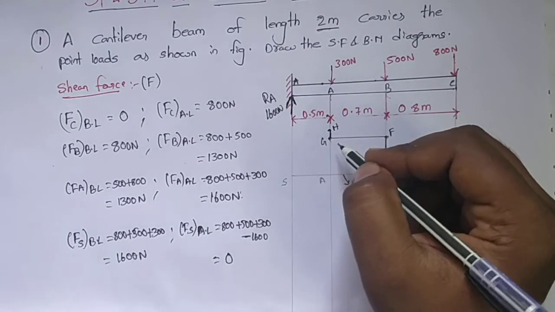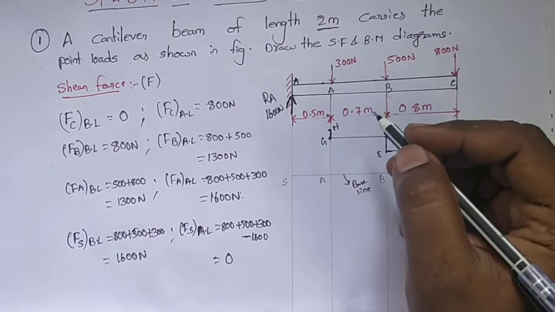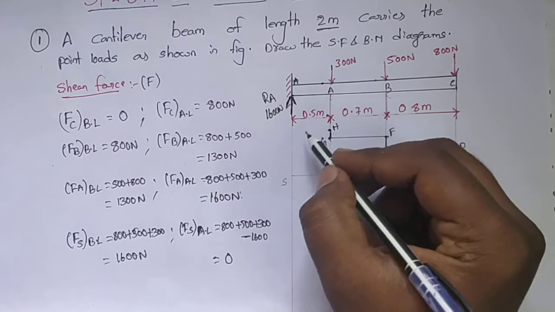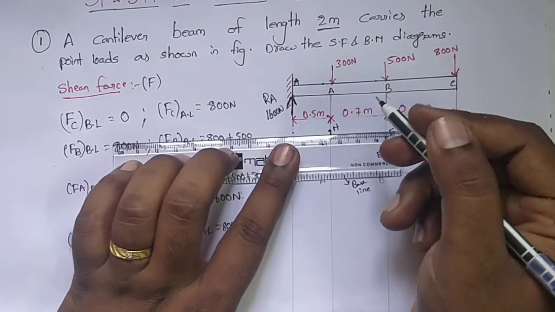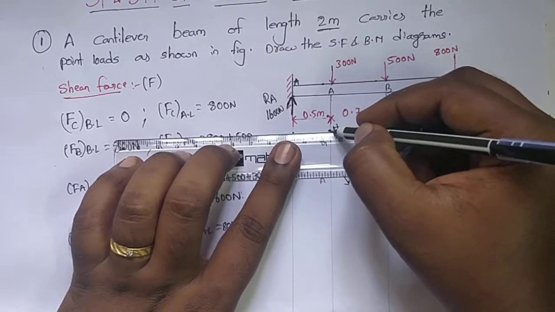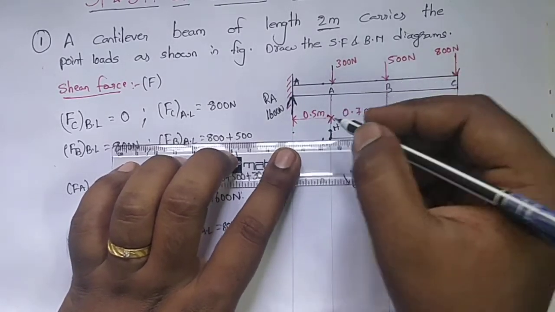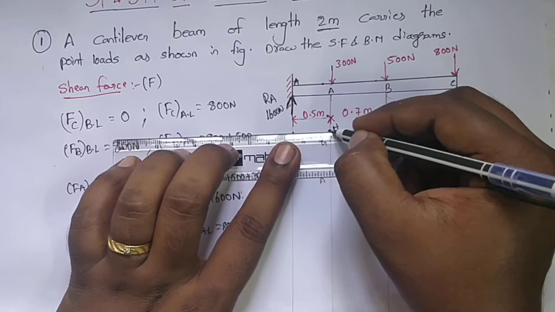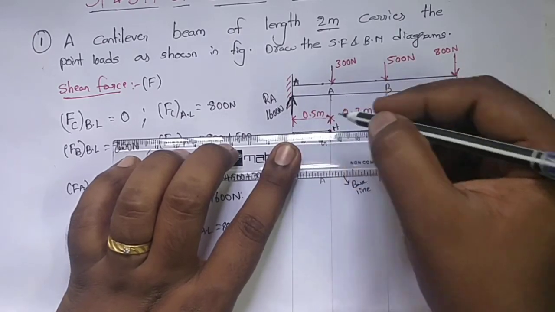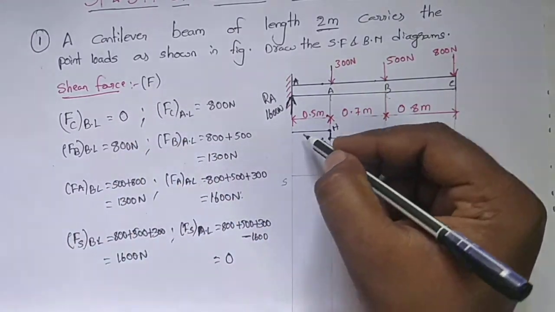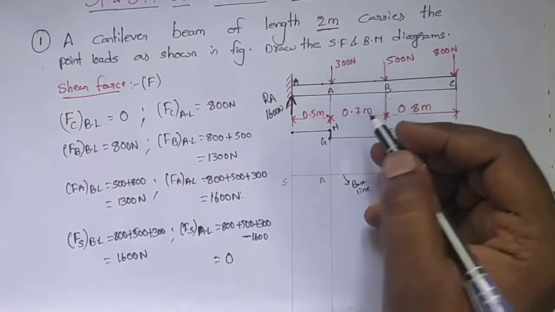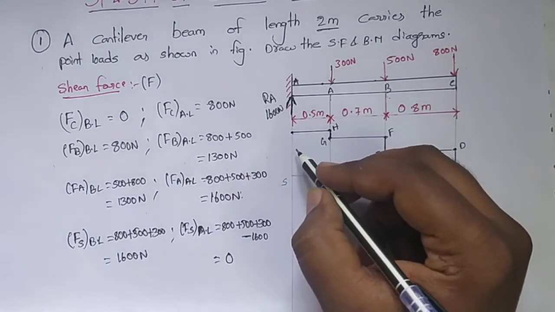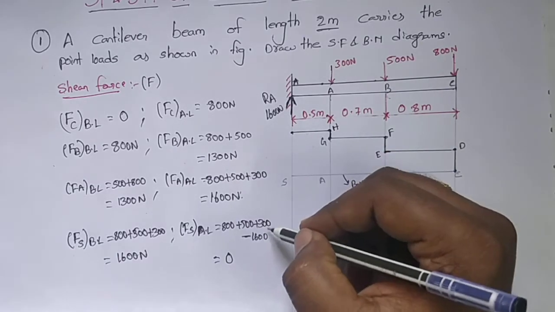Next, shear force at the fixed end is 1600 before load, so the variation from point A to the fixed support is the same, so we get a horizontal line. Next, shear force at the fixed end after load. That means here we have a reaction force.